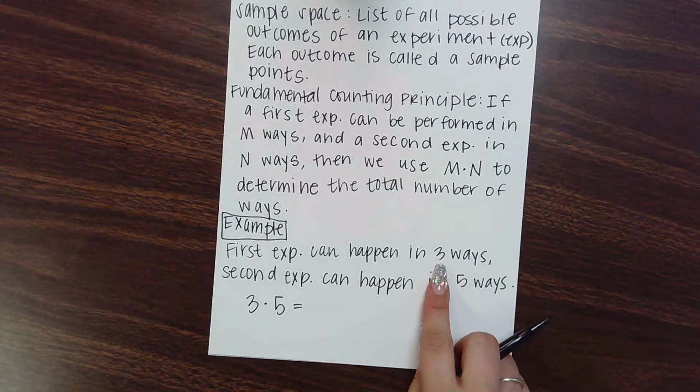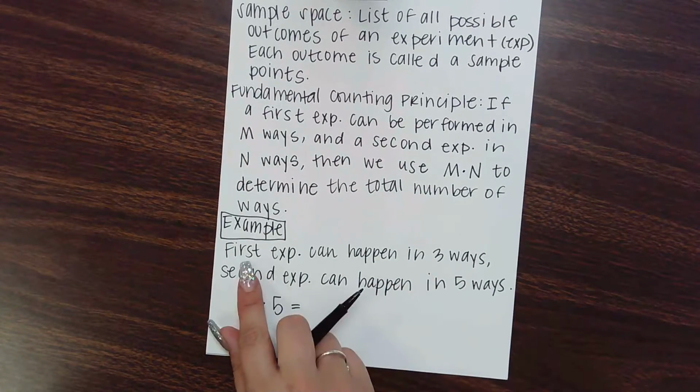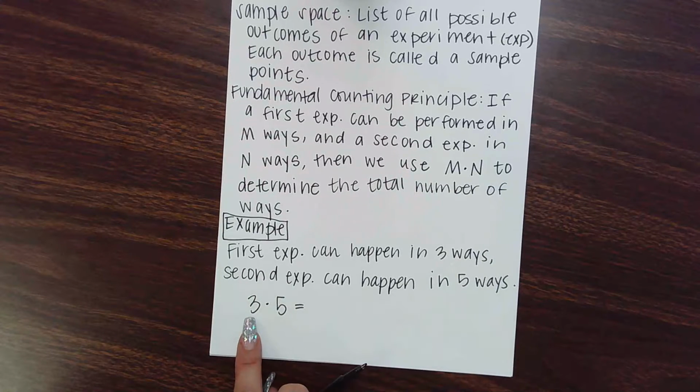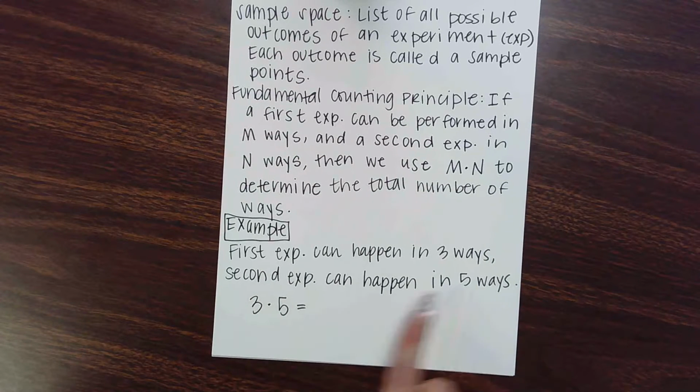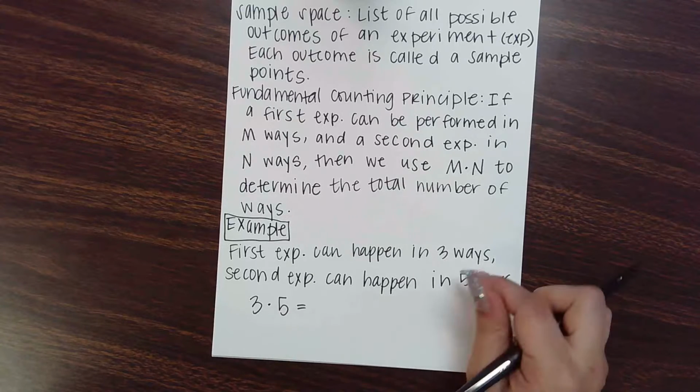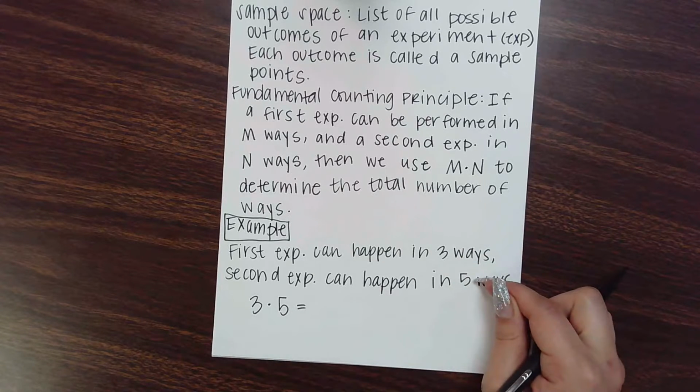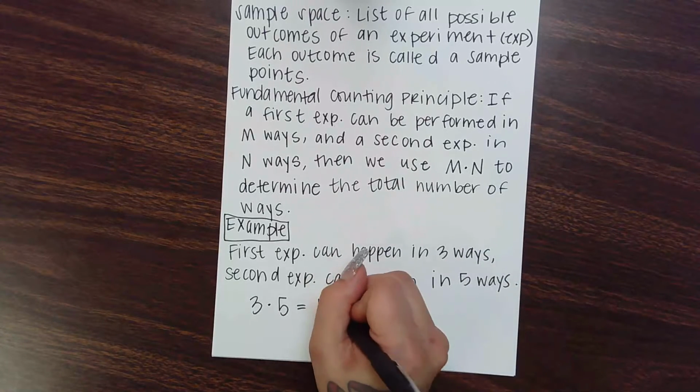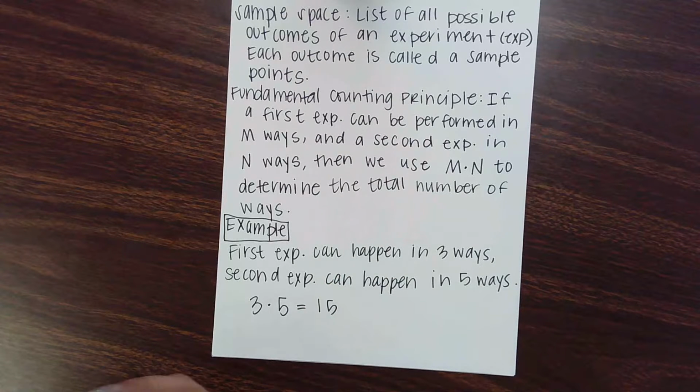So here, for the 3 ways, for the first experiment, that's my M. Second experiment, that's my N. If you have 3 appetizers and 5 entrees, there are 15 distinct ways that you could combine appetizers with entrees. Does that make sense?